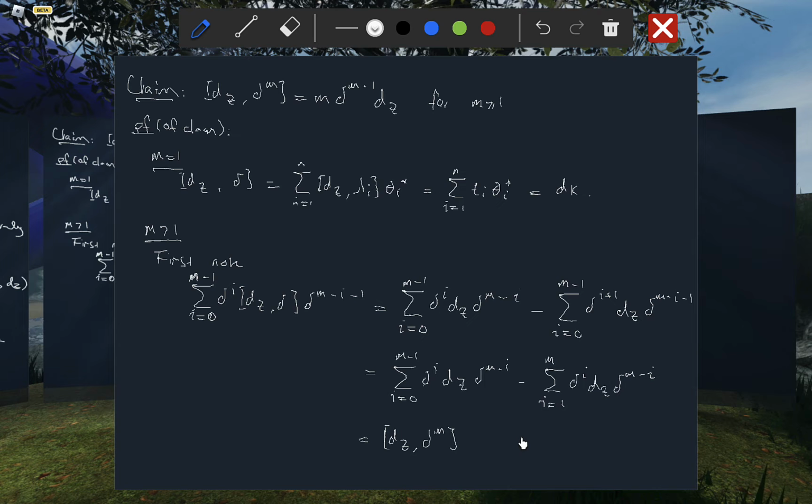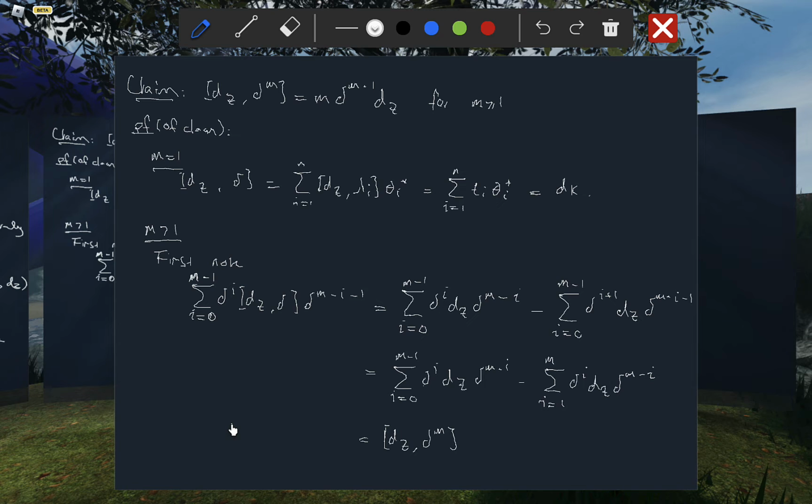Is that right? Here. No, I just added a dot here. Oh, sorry. Yes. Okay, so the only terms that survive are the i equals 0 terms, which is dz delta. Oh, okay, I see. And then the only term that survives in the second one is the m term.